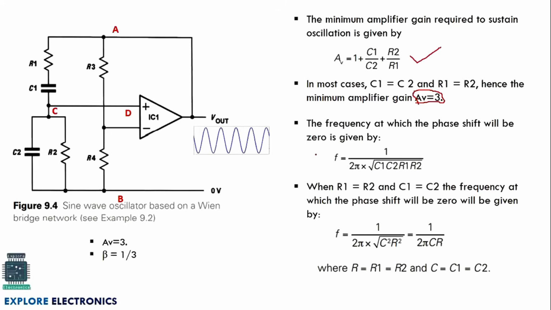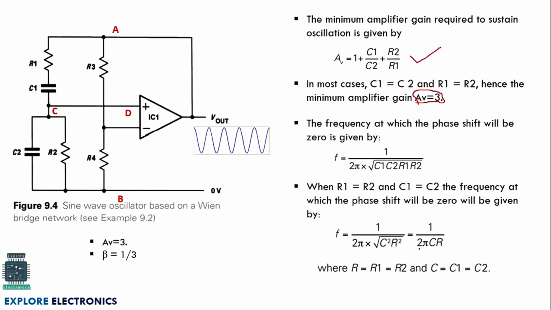The expression for resonant frequency f is 1 divided by 2 pi into under the root C1, C2, R1, R2. Since C1, C2, R1, R2 are equal, if we take them equal, the expression becomes 1 divided by 2 pi into root of C square, R square. If we take the root and square cancel, it becomes 1 divided by 2 pi into CR.